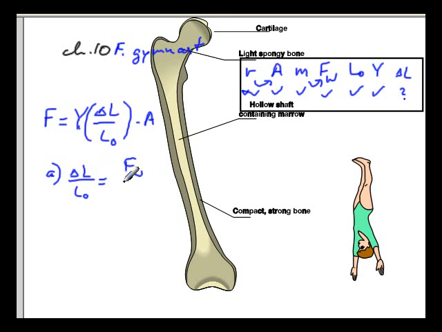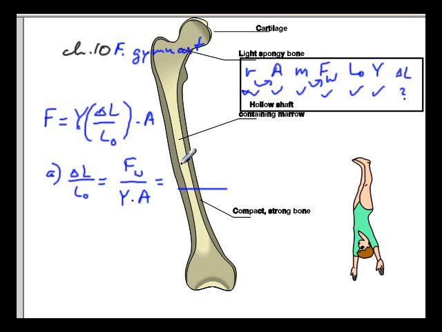So 63 kilograms times 9.8 divided by Young's modulus, which you find in the book for bone to be 1.2 times 10 to the 10th newtons per square meter, and then the area, and that equals whatever that result is, and that will have no units because this is length divided by length, or if we look at the units here, you'll see that they all divide out.